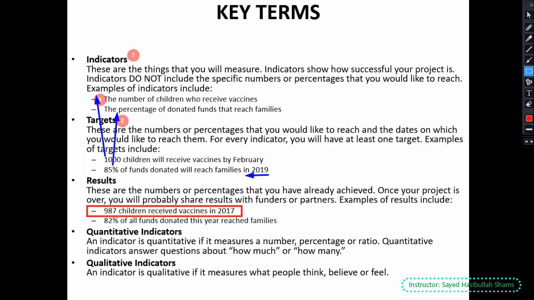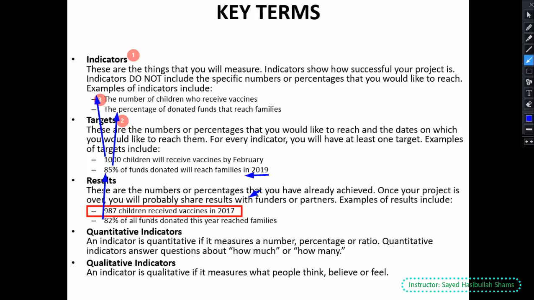So we can present different reasons here and justify why we have not achieved our 1000 targets. So this is called result. Also, 82% of all funded donated, for example, and we had a target of 85%, while in the result we had 82% of donated in, for example, 2019.